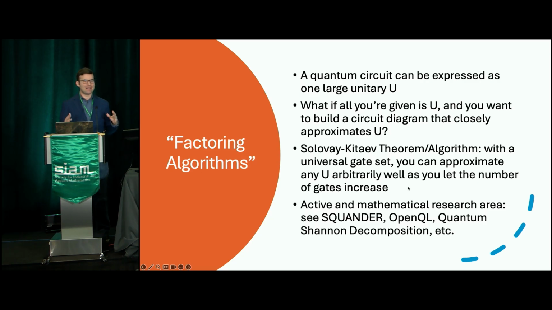This is like a limit type of thing. You might need an arbitrary number of gates to approximate a circuit arbitrarily well, but in principle you can do it. And this is an active mathematical, theoretical CS research area.